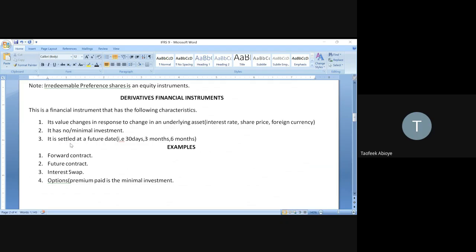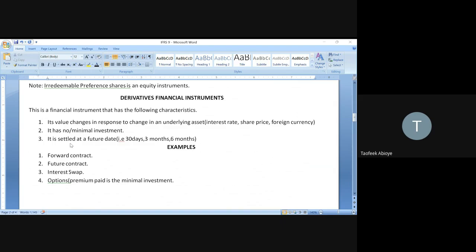In my financial statement, I will value that contract and call it a financial asset. That is a derivative financial asset. So in the next month, when we settle that transaction, I will derecognize that financial asset, that contract.